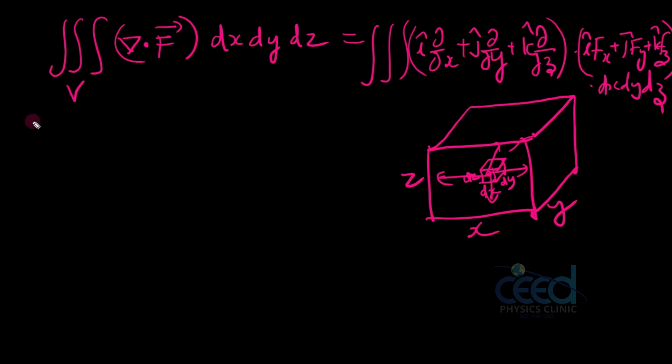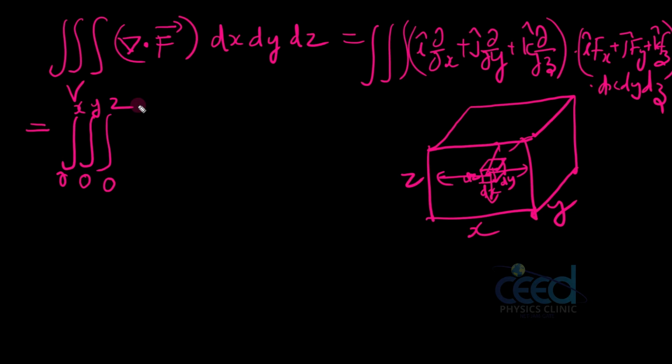I am taking this dot product, then I can write this as a volume integral. And what is the limit of this volume integral? The bigger cube dimension is x, y and z. So 0 to x, 0 to y, 0 to z.